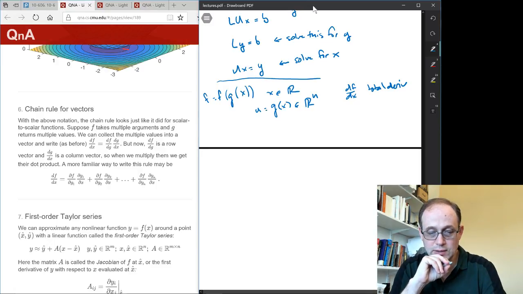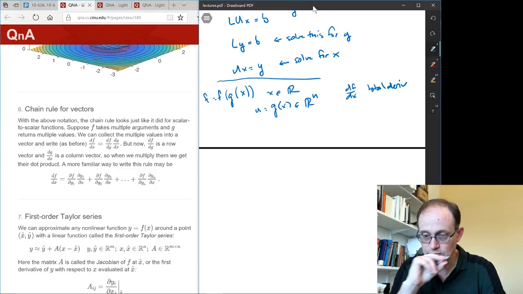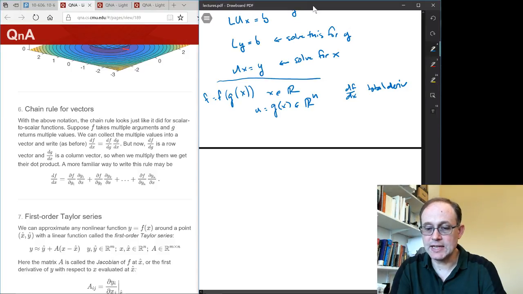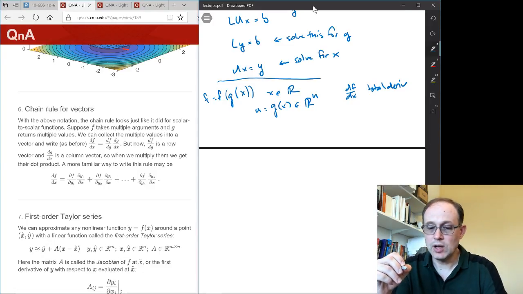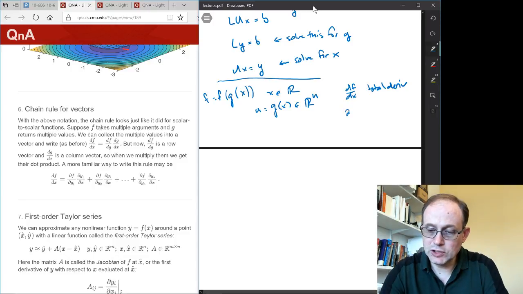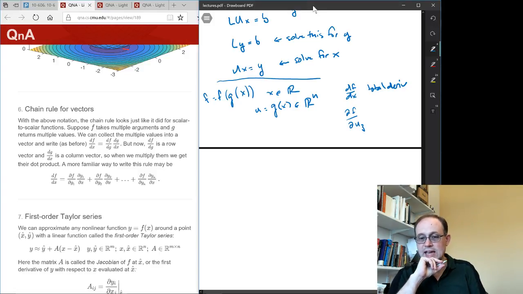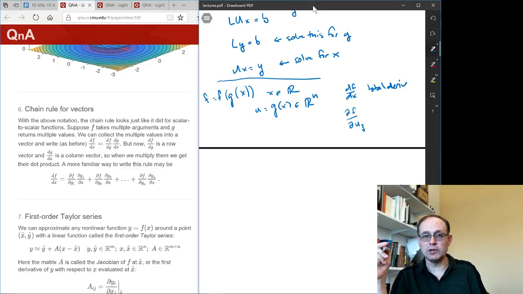And so the total derivative of f with respect to x means that we're considering all of the variables u and how they vary while we're computing this derivative. As opposed to, we could ask for the partial derivative of f with respect to u3, which is just saying, forget about how all of the other variables are related to one another. Imagine that they're all fixed and vary just u3, how does f change?